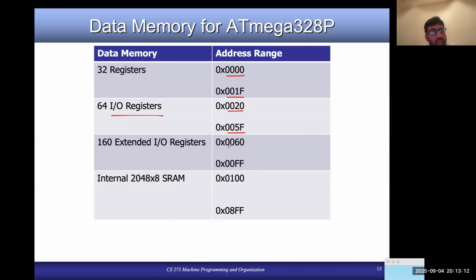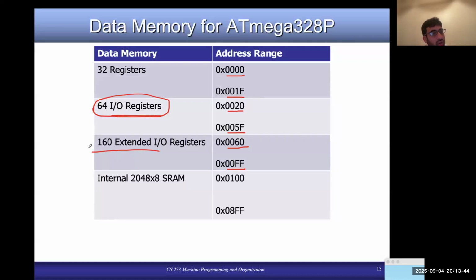Then the addresses in the range 0060 to 00FF are used to address the extended IO registers. What is the difference with extended IO registers? The traditional AVR microcontrollers, like the AVR microcontroller 328P, have 64 IO registers. But there are some versions of the microcontroller which have 160 IO registers.